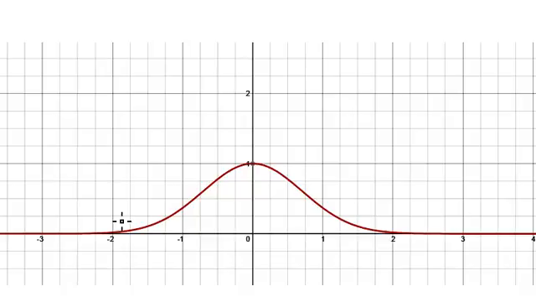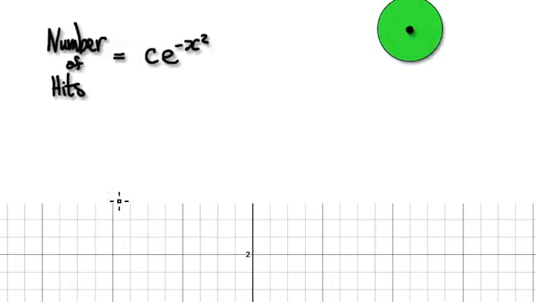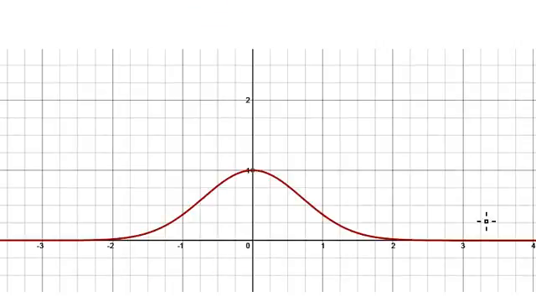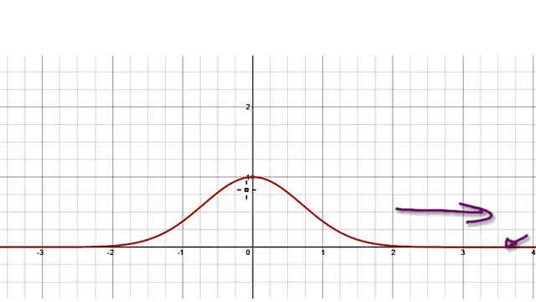The point is that this model is good in that it takes into account that there's a chance you might hit it miles away, but the probability is really tiny. The further out you go, the lower and lower it will get.